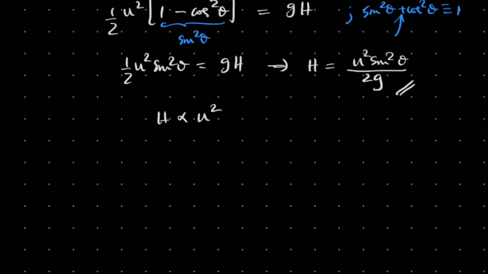Okay, and also h is proportional to, again, see, it's not sine theta, sine squared theta. H is directly proportional to sine squared theta. But since we are discussing theta being between 0 and 90, we can also include the equal to 90 scenario. It's not an inclined projectile, it's a vertical motion under gravity.